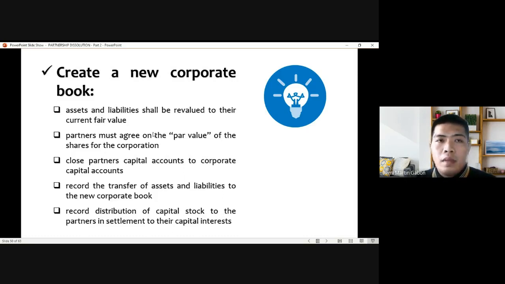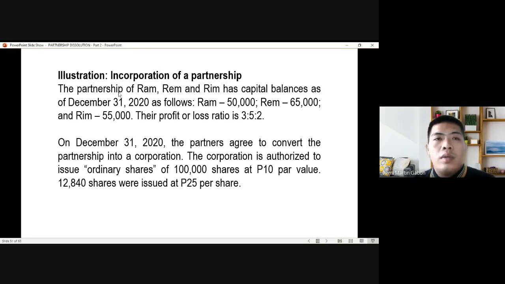Okay? So let's have an illustration. RAM, REM, and RIM have capital balances of 50,000, 65,000, and 55,000. Profit or loss ratio is 3 to 5 to 2. On December 31, 2020, the partners agreed to convert the partnership into a corporation, with an authorization to issue ordinary shares of 100,000 shares with par value of 10.